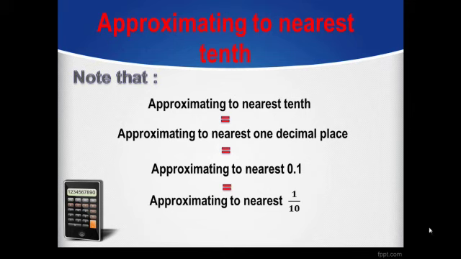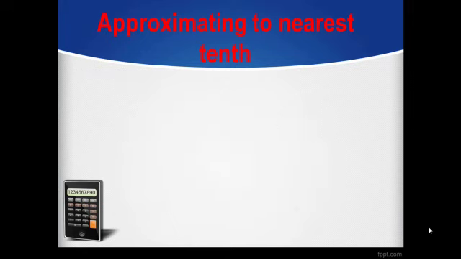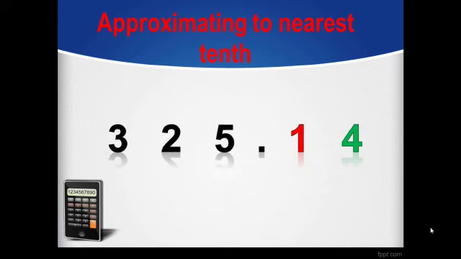Now let's make some refreshment related to place value. For example, if we have this number 325.14, we will note that there are a group of numbers before a point and numbers after it.